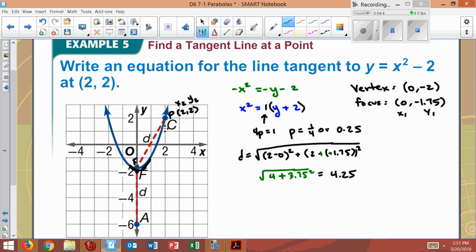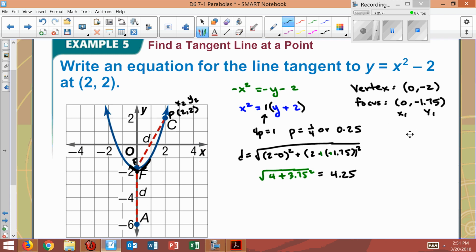So what does that tell me? If I have this as 4.25, I need to find the point that is 4.25 down. So this next point here, they have it as A. On the previous slide, it was L. What you do is you go to your focus and you subtract 4.25 more, because we need to go the opposite direction. So we're going down the axis of symmetry.